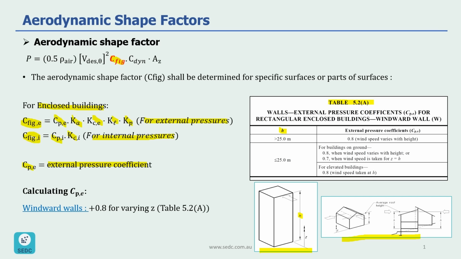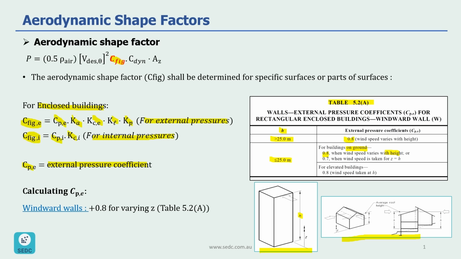So now that we know the value of our h, we will go to Table 5.2. If the height of our building is more than 25 meters, then this value would be 0.8. If the height of our building is less than 25 meters, for buildings located on the ground, when wind speed varies with height, then this value would be 0.8.